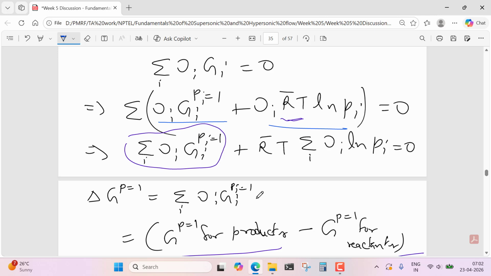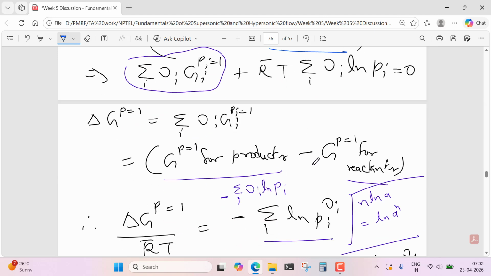And it is simply the Gibbs free energy of the products minus the Gibbs free energy of the reactants, for all of the species evaluated at 1 atmosphere pressure. Like this: G at P equal to 1 for products minus G at P equal to 1 for reactants.